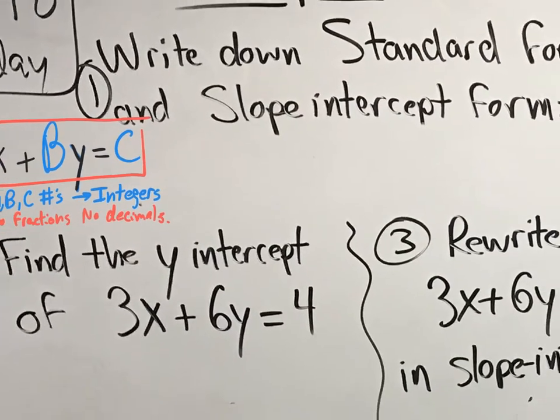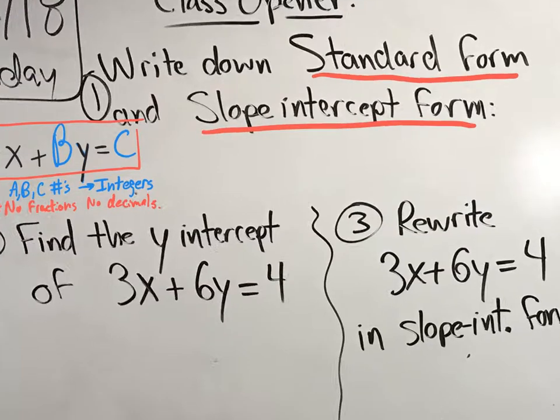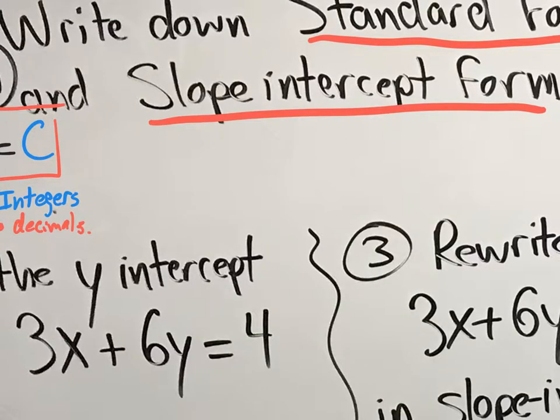Now, slope-intercept form, because it says do both. It says do standard form, and it also says slope-intercept form. So slope-intercept, we'll write it right here, is y equals mx plus b. The m is the slope, the b is the y-intercept, not the x-intercept.